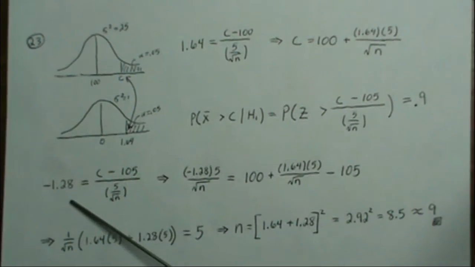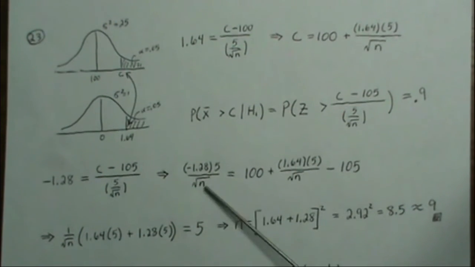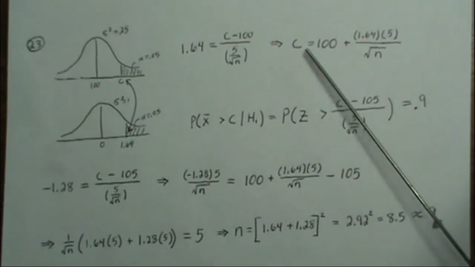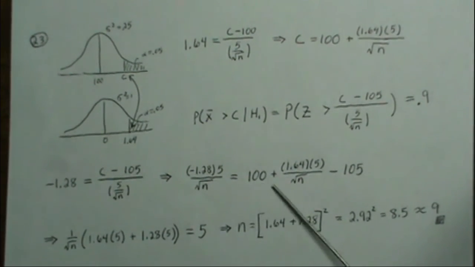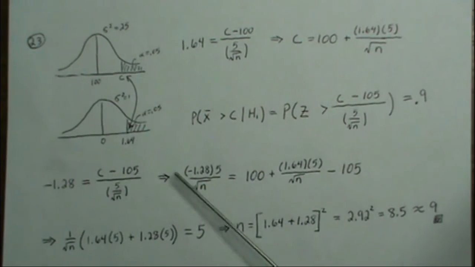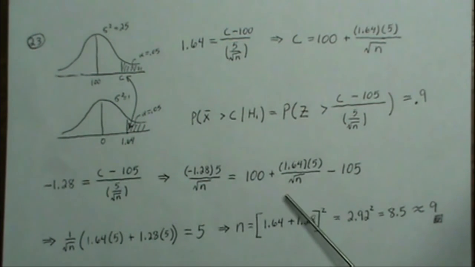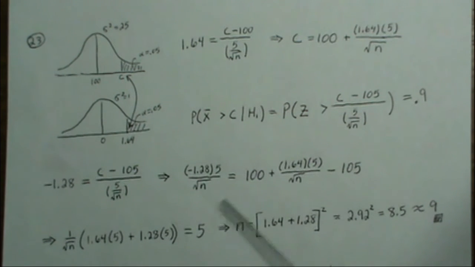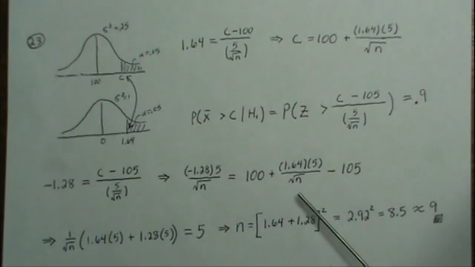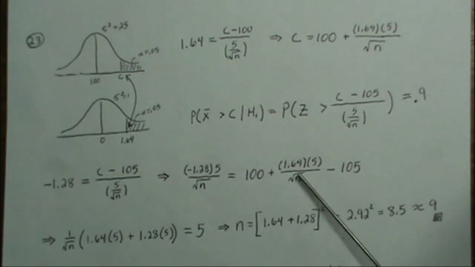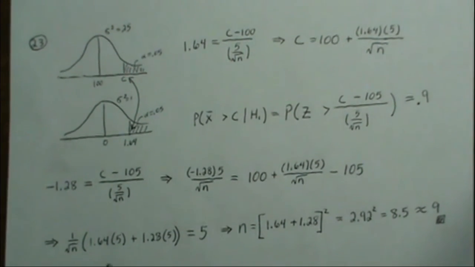We multiply this up, and for c, we plug this in here. Then we have the minus 5, and we put that as an equation of n. So I bring this piece over, and the negative 5, I take to the other side.